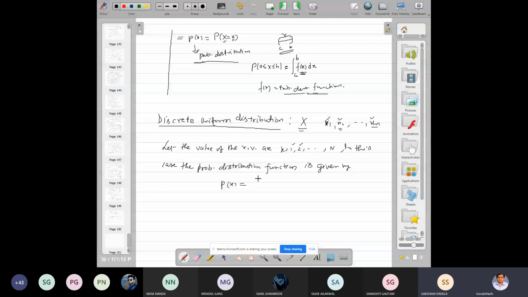The probability of occurrence of each event is the same, so this probability will be 1/n for every x = 1 to n.